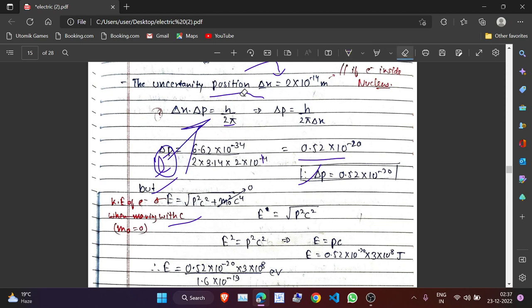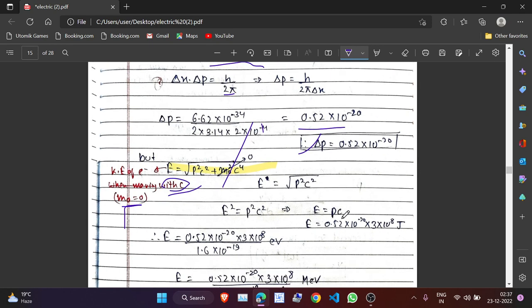E is equal to under root p square c square plus m naught square c to the power 4. Here, if any particle, any electron, any neutron, any proton is moving with the speed of light, the mass of that particle remains zero. So E is equal to under root p square c square. E is equal to pc.